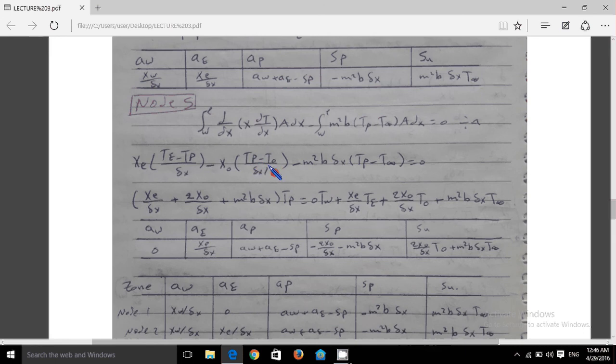I told you why it is delta x over 2, because the distance is delta x over 2, minus m square b delta x (T point minus T infinity) is equal to 0.